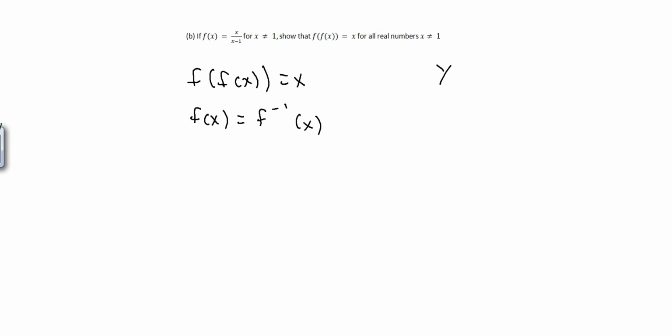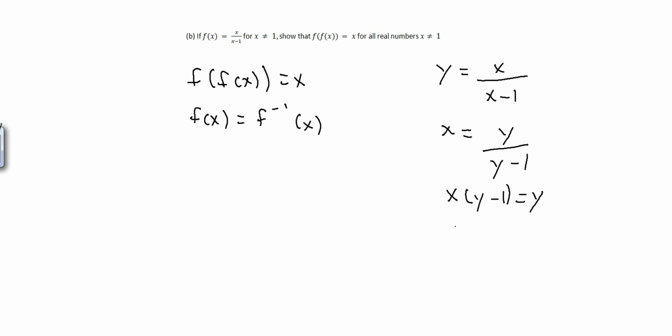So I'm just going to write this out as y equals x over x minus 1. And now I'm going to switch all the y's with x's and all the x's with y's. x equals y over y minus 1. Now I'm going to multiply both sides by the denominator, y minus 1. I'm going to expand the left-hand side now. And now I want to get all my y terms together.